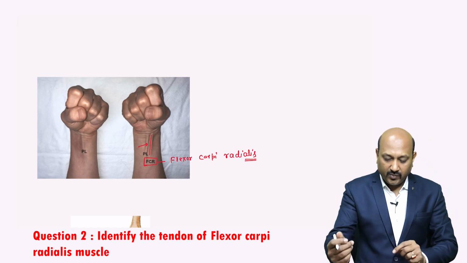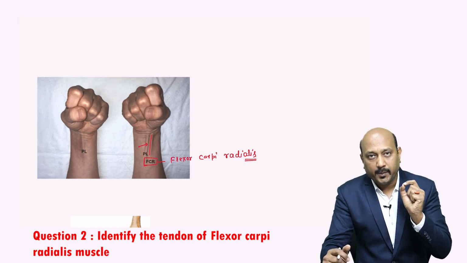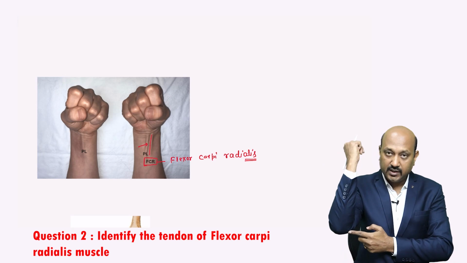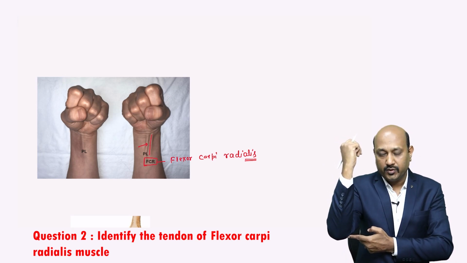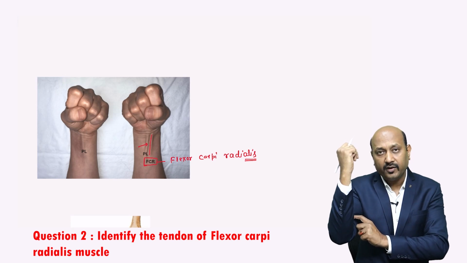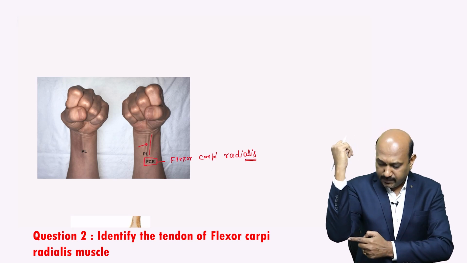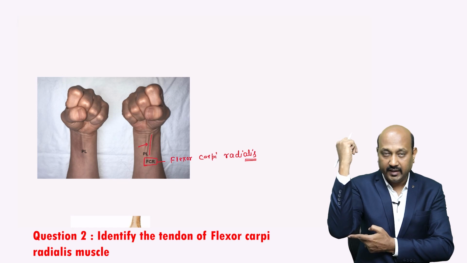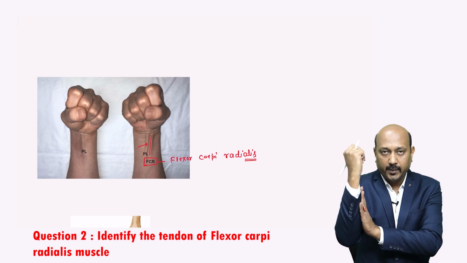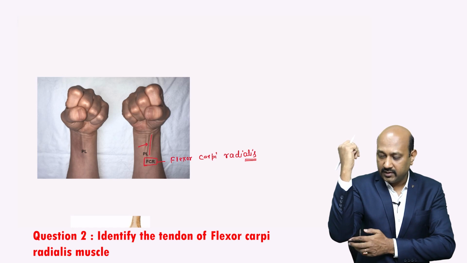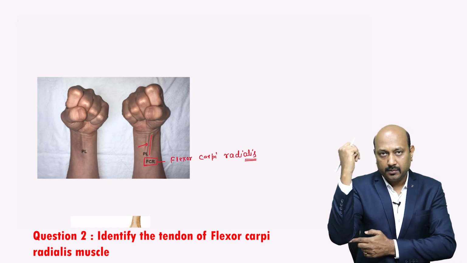This muscle is a muscle of the anterior compartment of the forearm, and it takes origin from the projection known as the medial epicondyle, which is a part of the lower part of the humerus. This medial epicondyle, which I can feel here, is also known as the common flexor origin, because most of the muscles of the anterior compartment of the forearm take origin from this part.